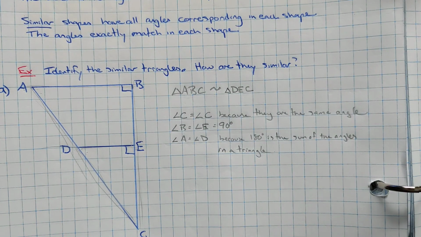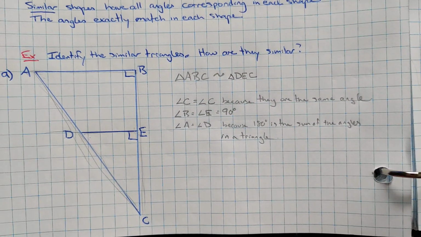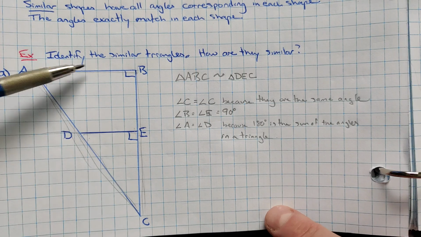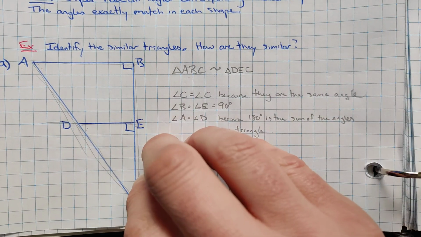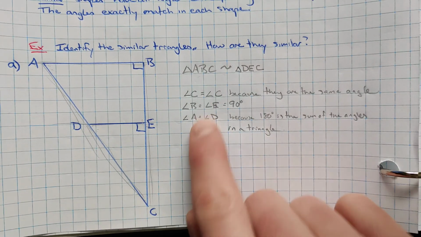So something like that could give us our statement to show that this is similar. That would be angle, angle, angle as the methodology.